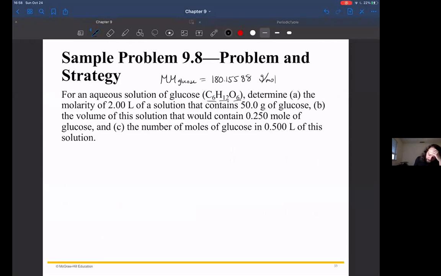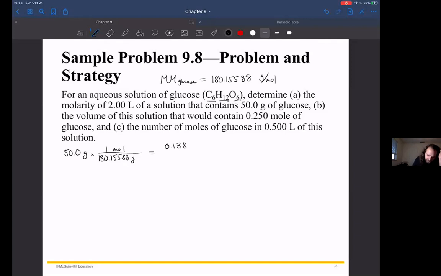So, 50 grams of glucose. If I want to determine the molarity of this solution, I first have to convert that to moles using the molar mass. So 50.0 grams times 1 mole per 180.15588 grams.